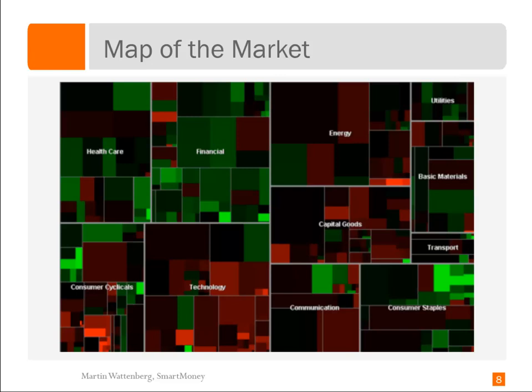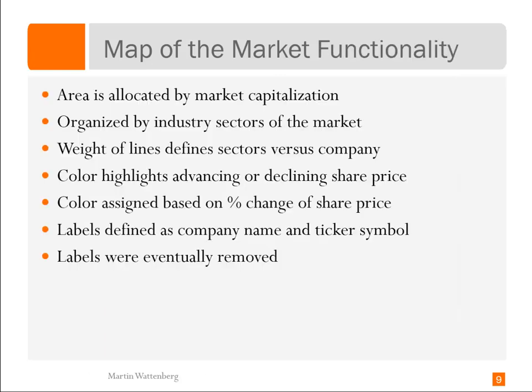Okay, there are a few other encodings, so let's go through the whole map of the market definition. The area is allocated by market capitalization. So the market capitalization of an industry relative to other industries is defined by area. The market capitalization of a particular company in reference to other companies is defined by area.